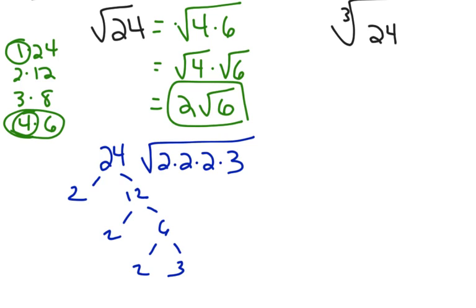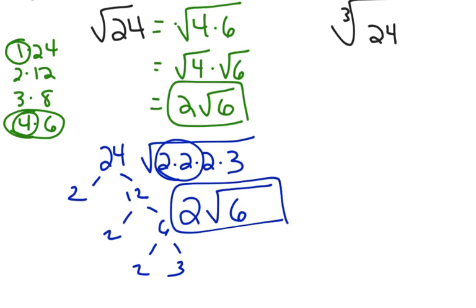A square root says, how many groups of 2 of the same thing can I circle? Well, since square root means 2, and there are 2 2's here, I can circle one group of 2's. But then there's no more groups of 2 of the same thing to circle, so I'm left with the square root of 2 times 3, which is 6.